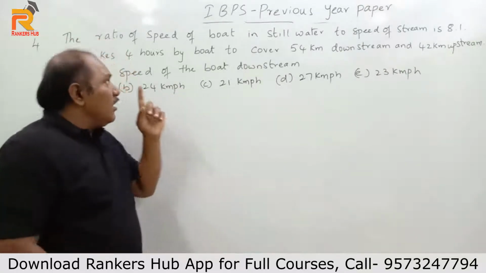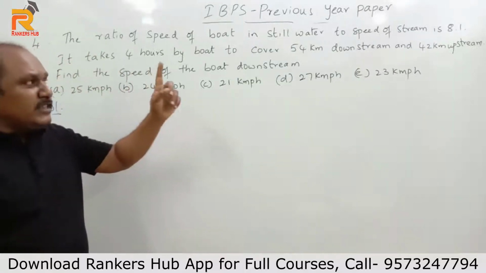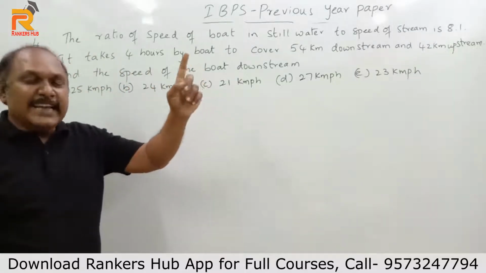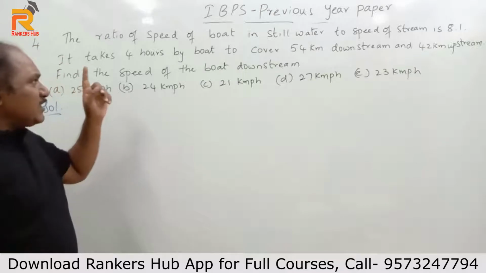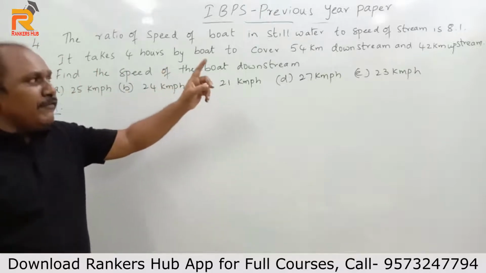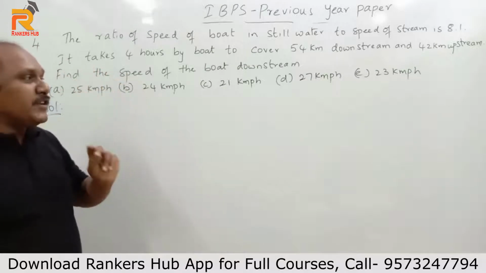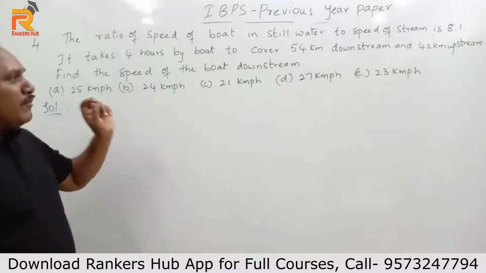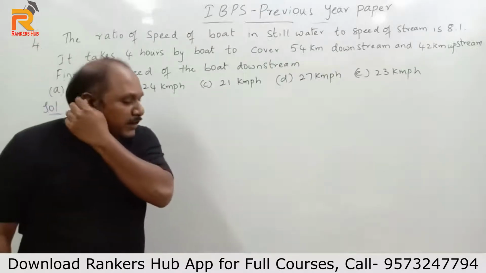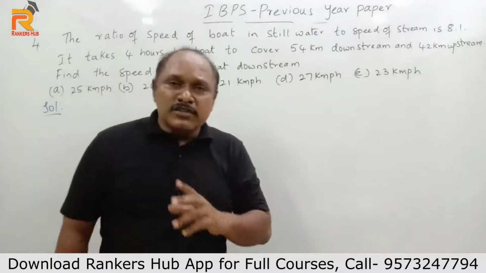The ratio of speed of boat in still water to speed of stream is 8:1. It takes 4 hours by boat to cover 54 kilometers downstream and 42 kilometers upstream. Find the speed of the boat downstream.